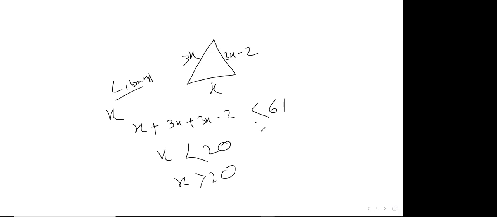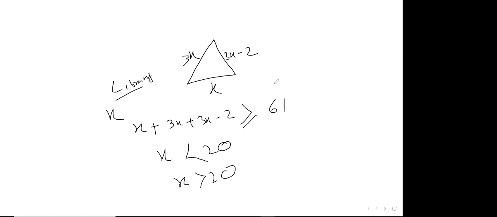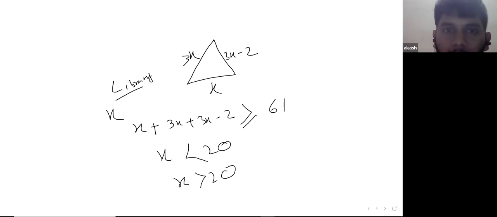Okay, sir. Gautam? Yes, sir. So when they say at least, you should use this greater than and equals to, because it can be 61 also, right? At least 61, that means you can have 61 also. All right.